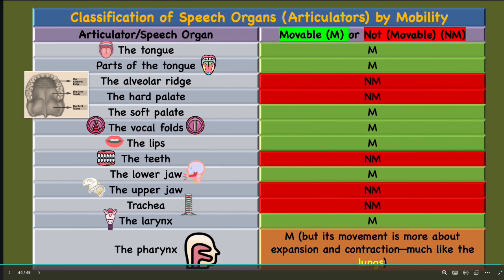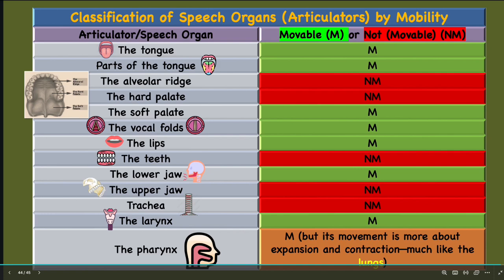Finally, we have the pharynx, which, while it is technically movable, functions differently than the other articulators. Its movement is primarily about expansion and contraction, similar to the lungs, and plays a role in shaping the vocal tract for different sounds.